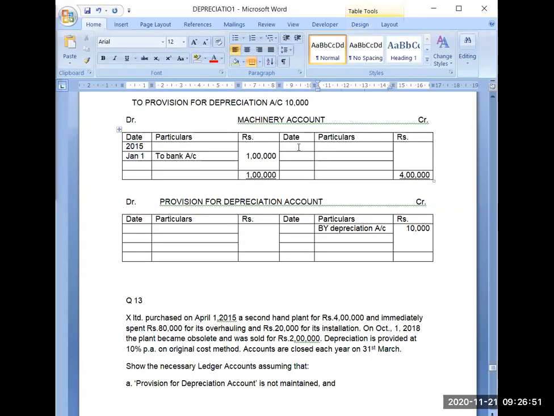Now see practically what will happen on March 31st in this account. Suppose the year is 2015-16.